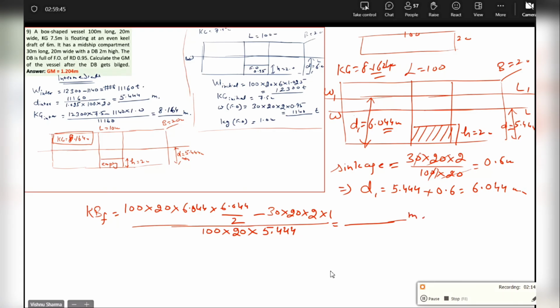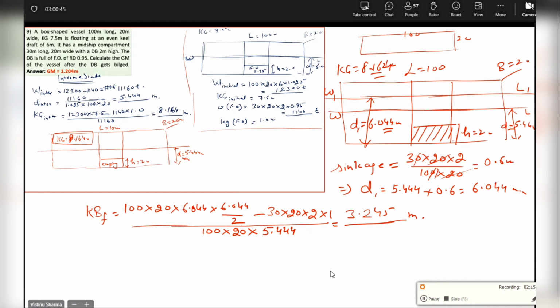How much does it come to, guys? So 3.245. Is that correct? Yes, sir. Okay, fine. So that is the KB of the vessel after bilging.